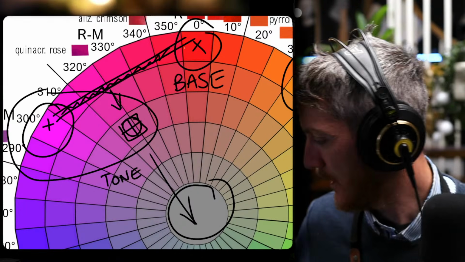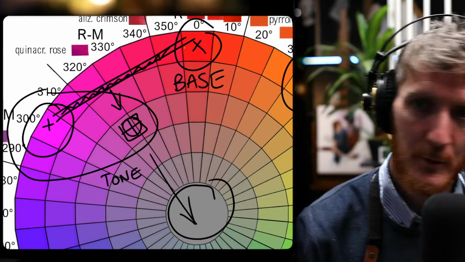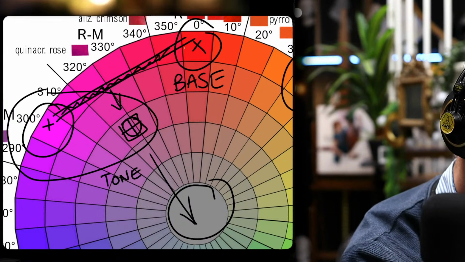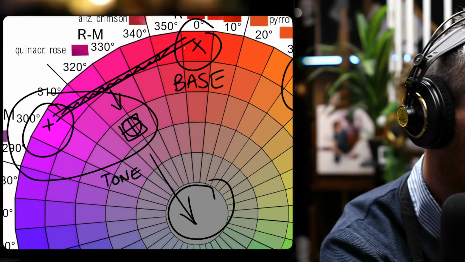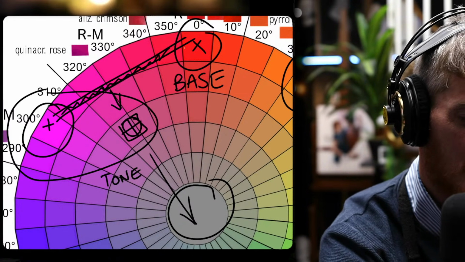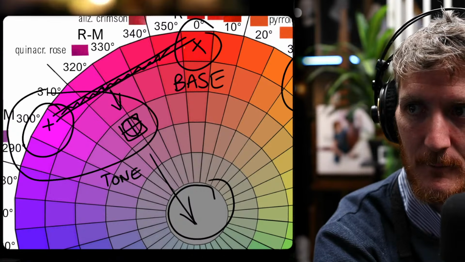And also, I need to make it a little bit more white. I'm going to add some white here and see how it goes. I'm going to add the white progressively. So it's still quinacridone magenta.